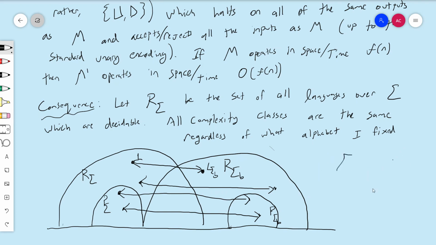If I have a language L over some random alphabet sigma, then that has a single unique concrete representation in the way that I described it via that unary encoding over my binary strings.